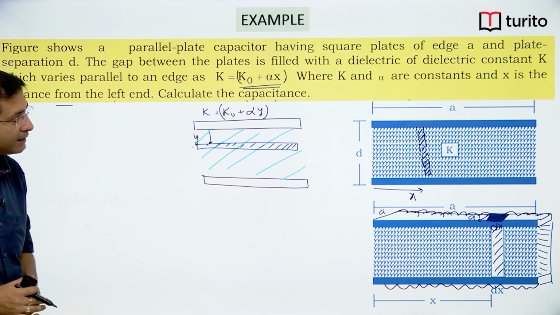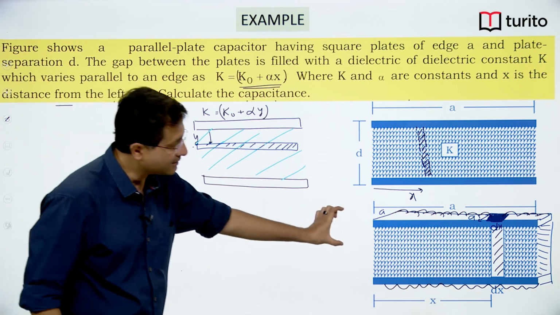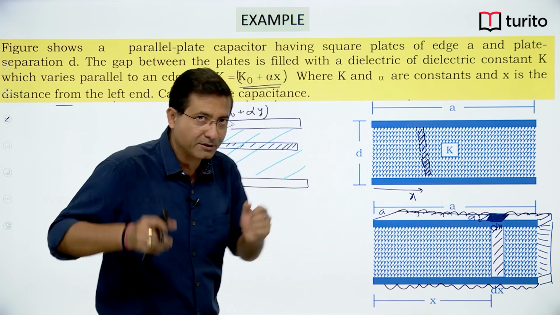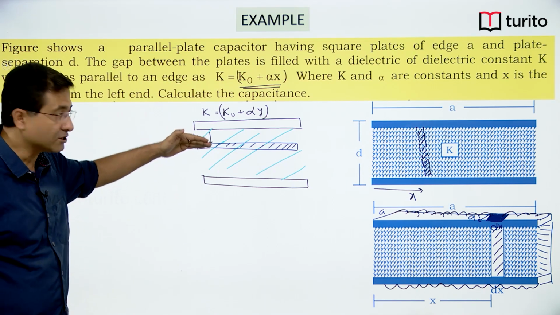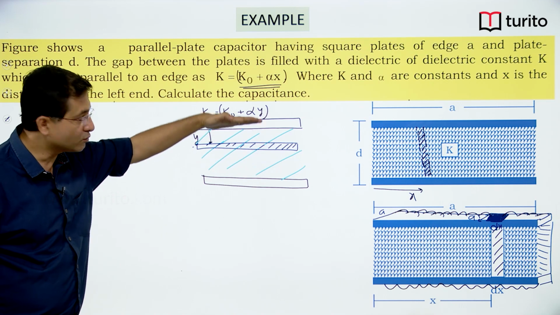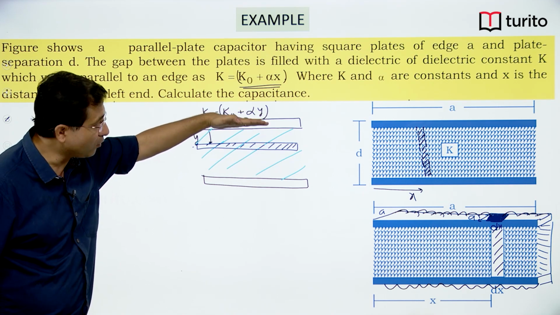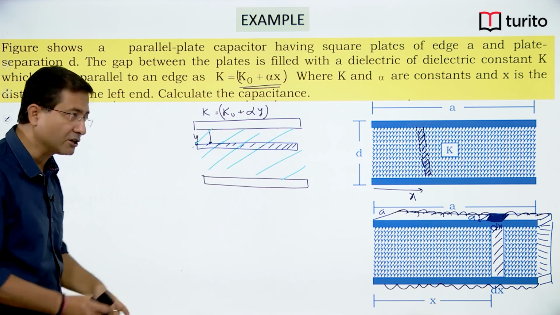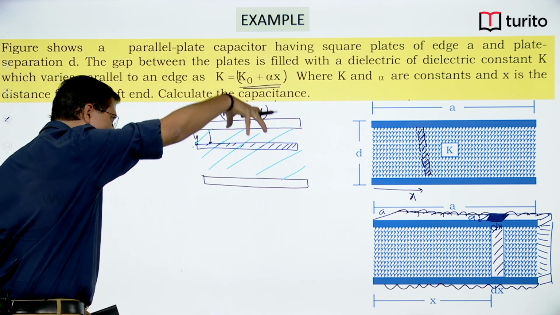And now what I see, in the previous case slabs were like this, I added all dC to get total capacitance. In this situation, all the slabs will be like this. So, all the slabs are in series combination, charge will flow like this.